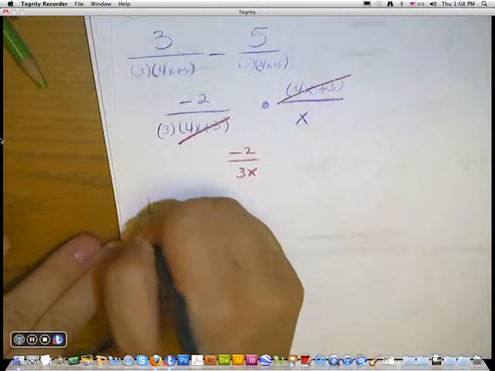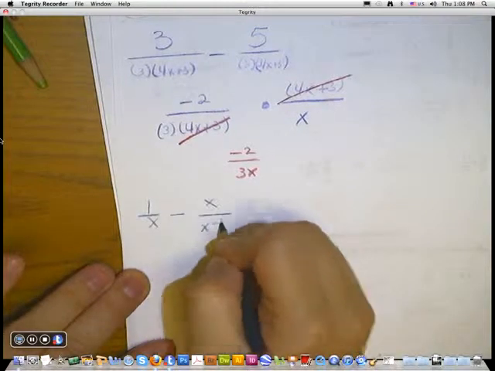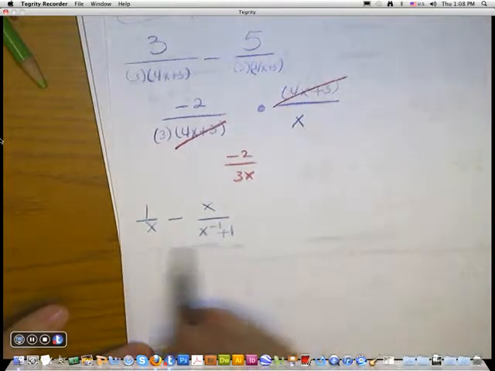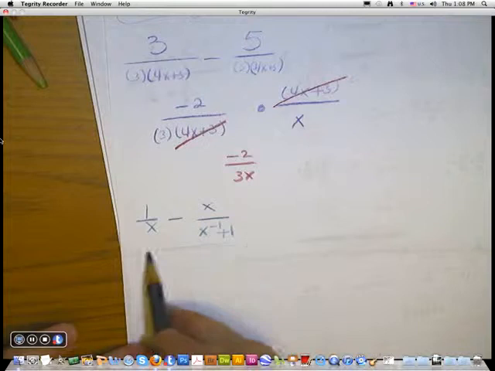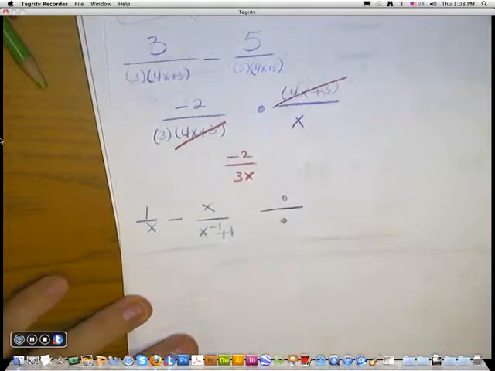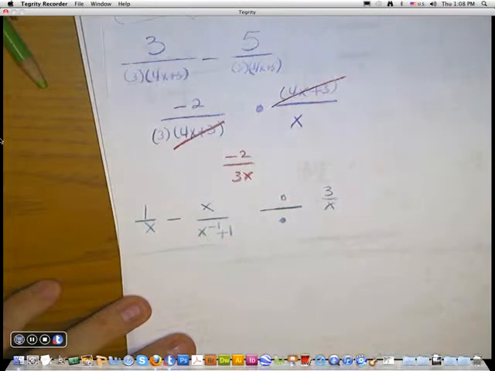Okay. 1 over x minus x to the negative 1 plus 1. Big divide. Again, just so we don't have to keep writing things out, I'm going to put a big divide and then 3 over x.